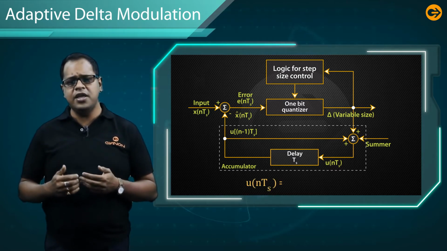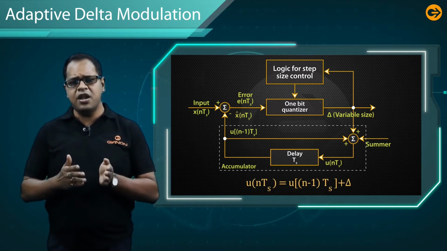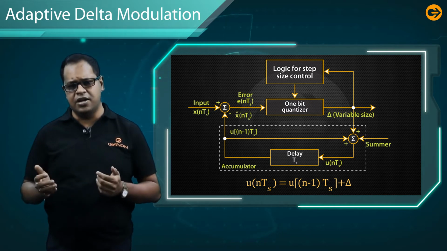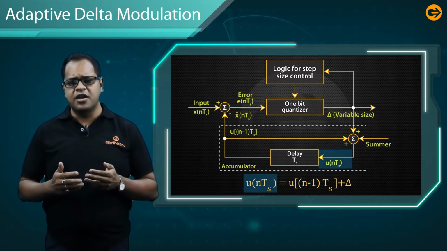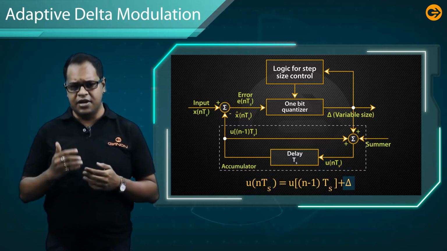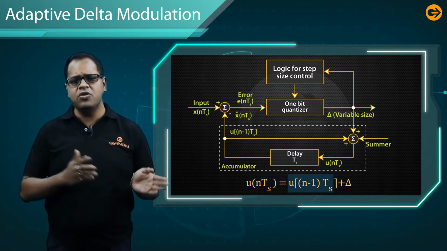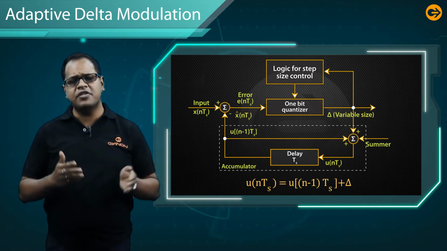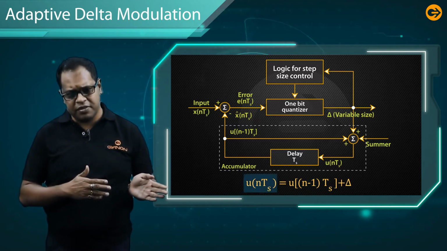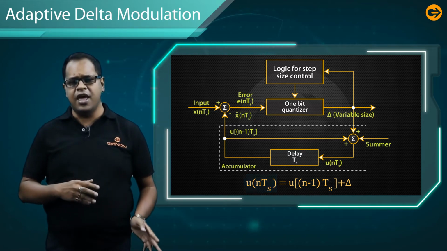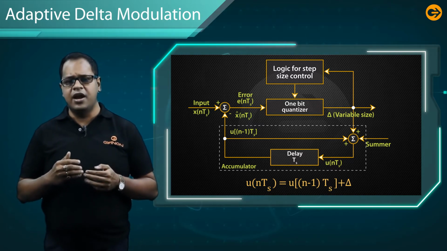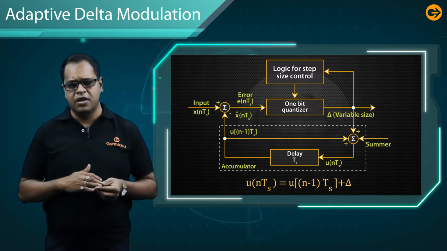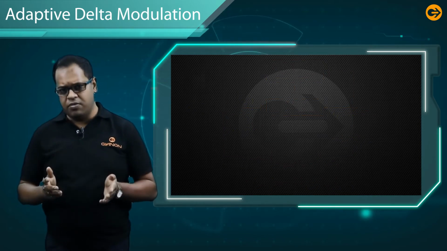And u(nTs) is equal to u((n-1)Ts) plus delta. That means u(nTs) is generated according to the step size delta. And what is u((n-1)Ts)? It is just a delay of u(nTs). u((n-1)Ts) is generated by a delta in u(nTs). This is the transmitter block.